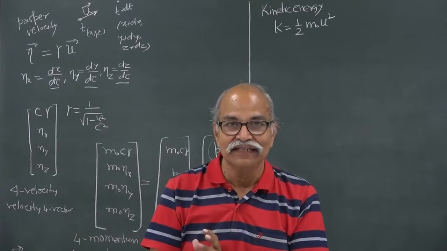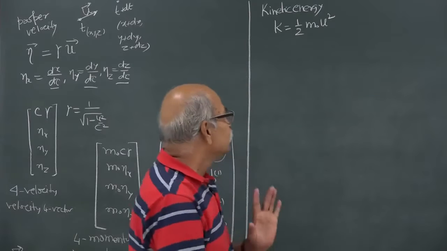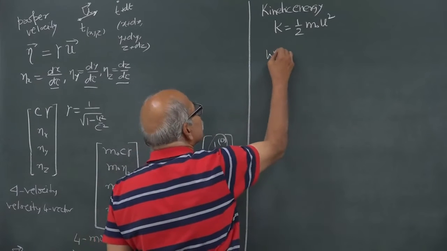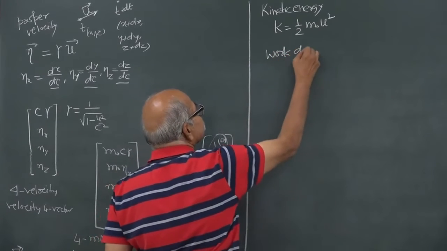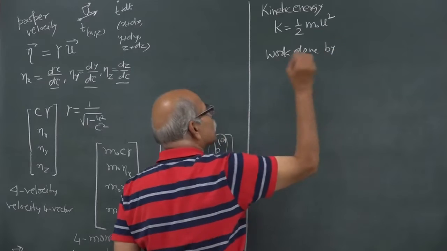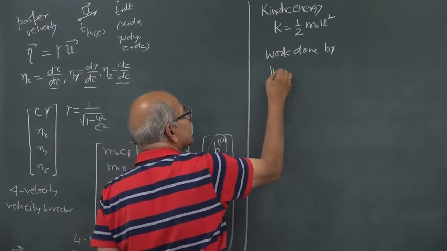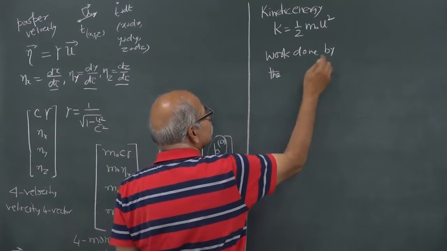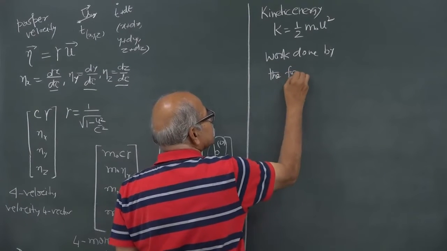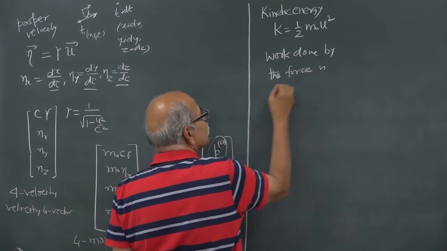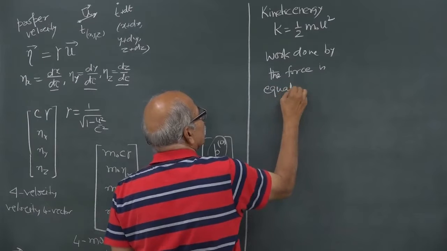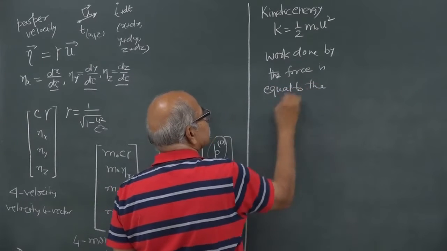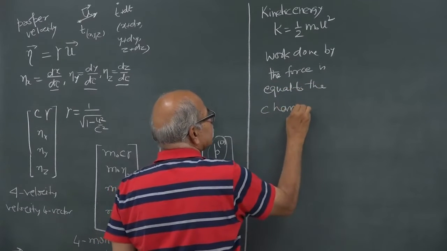From there we define kinetic energy. So, work done by the force, I am talking of a particle. So, there is one single particle and then whatever is the resultant force on that, work done by the force is equal to the change in kinetic energy.